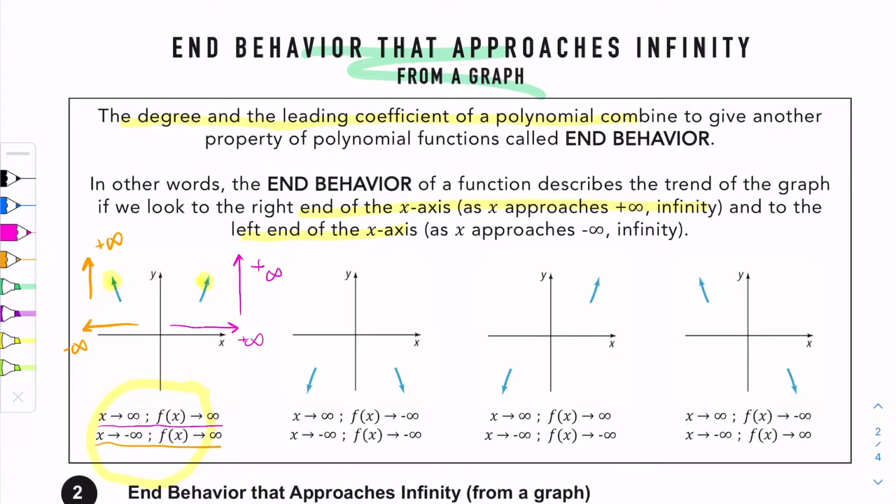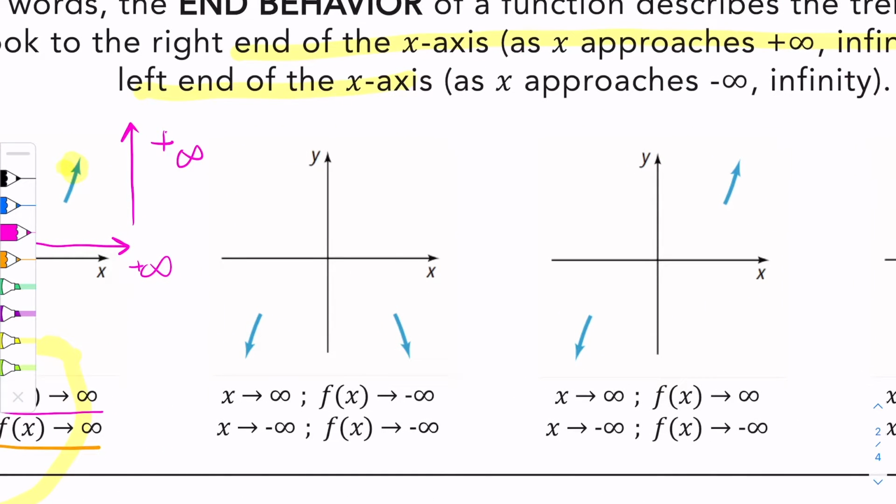For the next one, if x approaches positive infinity, the function heads towards negative infinity. As we move this way on the x-axis, the function is heading down. And as x approaches negative infinity, the function approaches negative infinity.